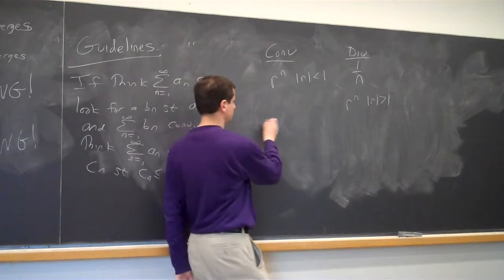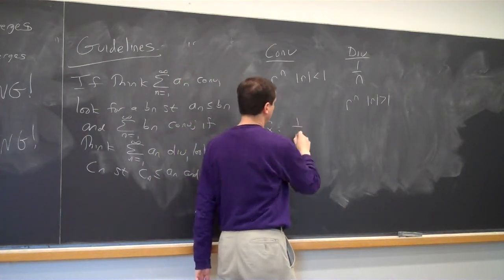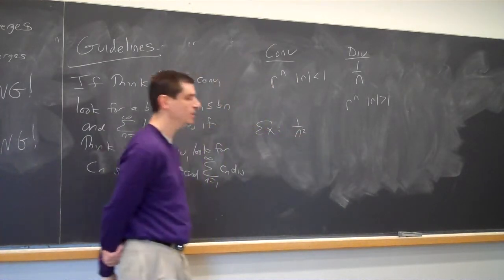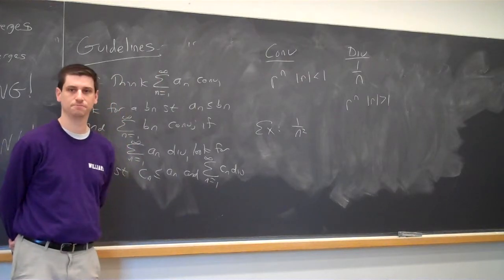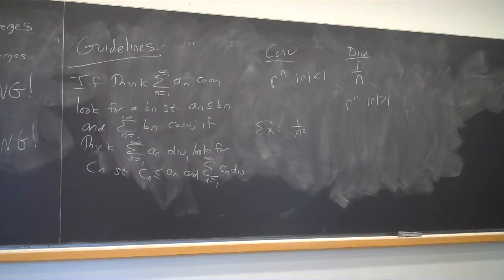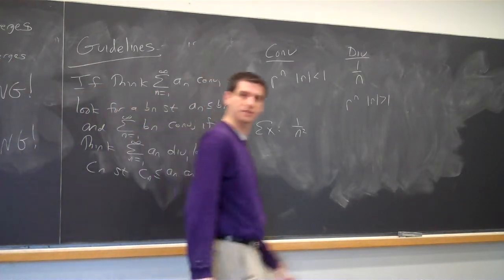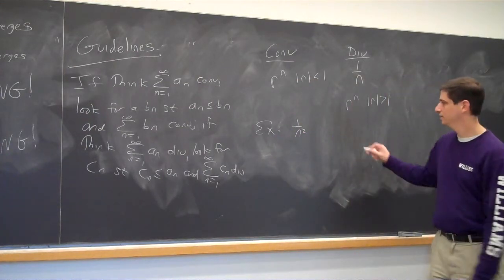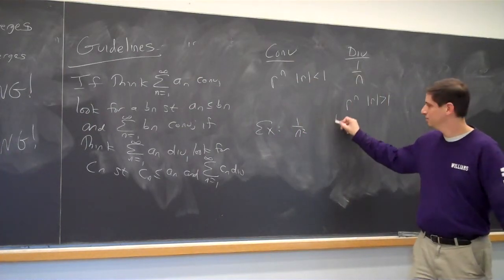So for example, let's take 1 over n squared. What can we compare 1 over n squared to? If you look at what we have on our list, what can we compare it to? 1 over n. And which way does the comparison go?